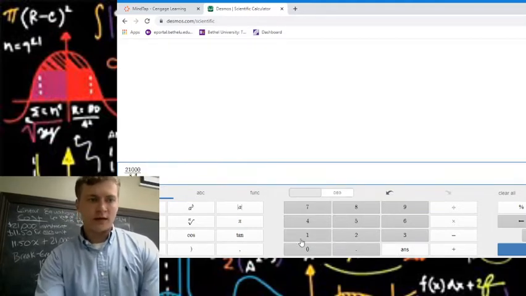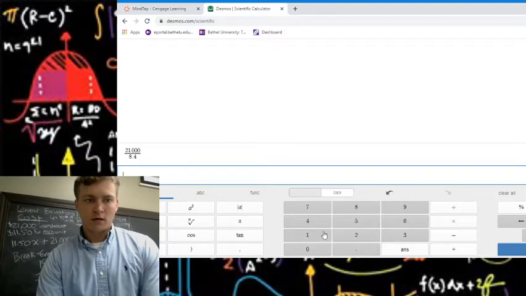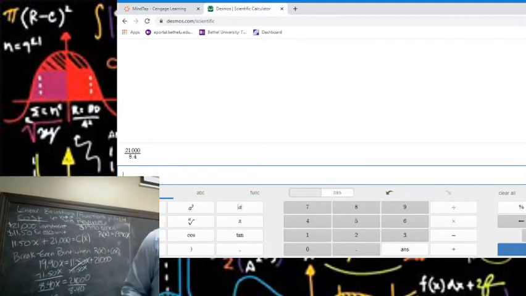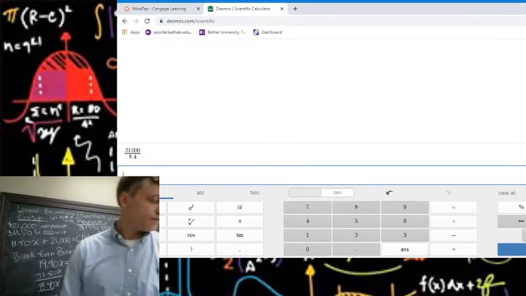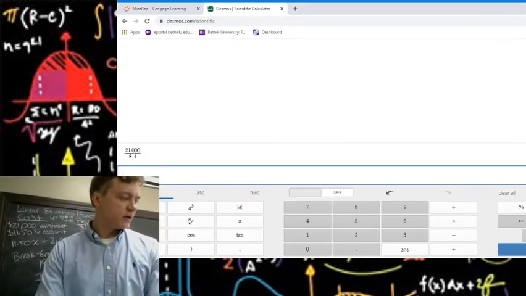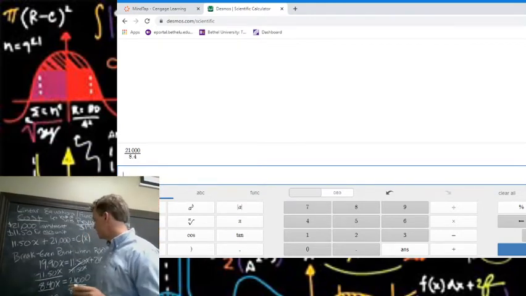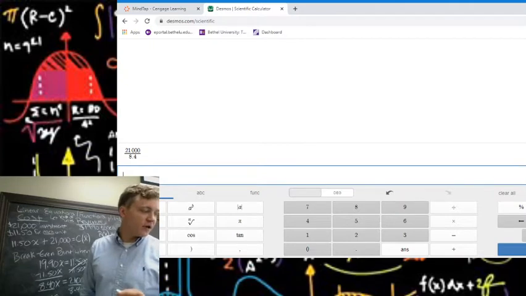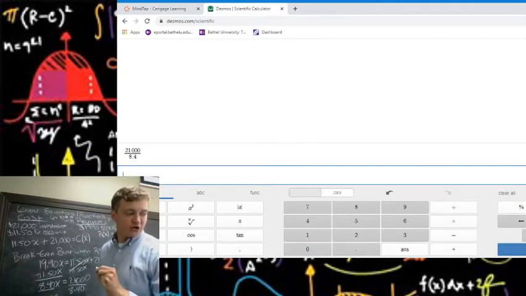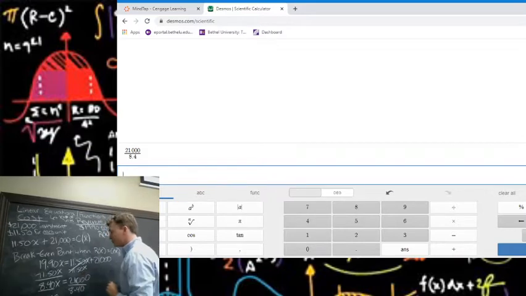So it says here we have approximately 25. Let's see here. That is correct. I had to make sure on my paper that everything looked good. I was looking off in the wrong spot. Okay, x equals 2,500.